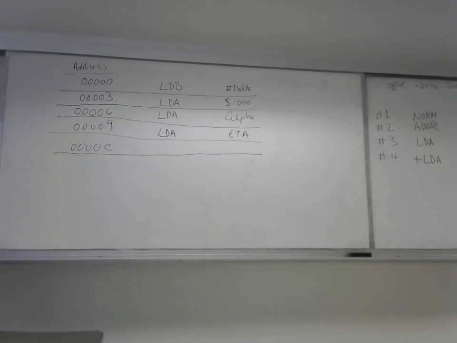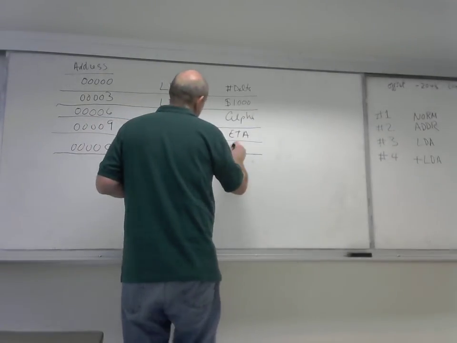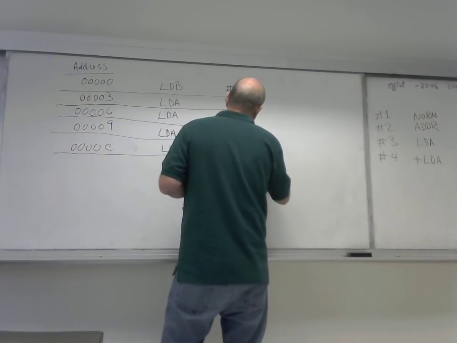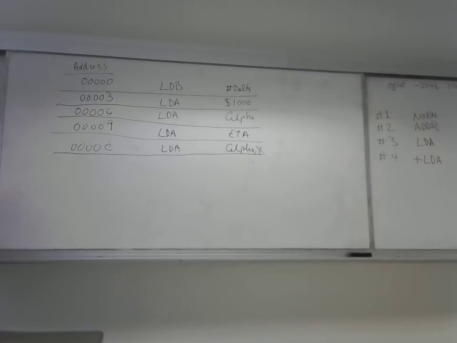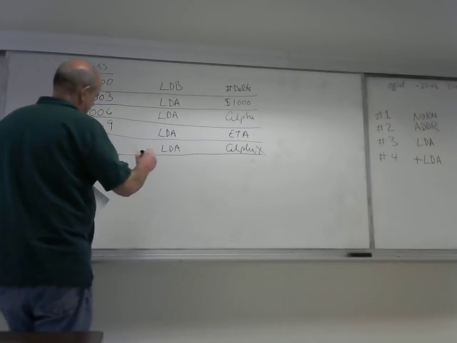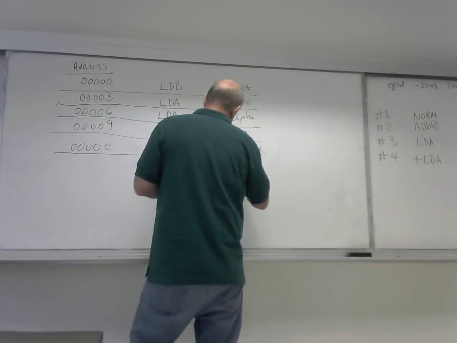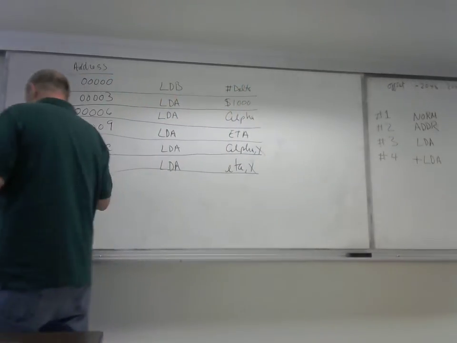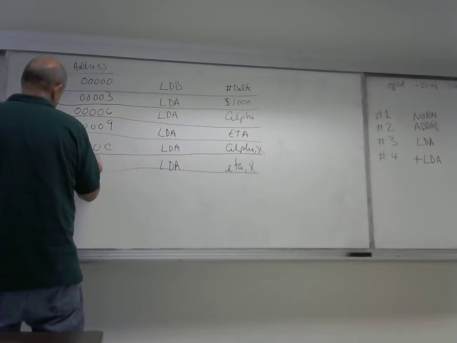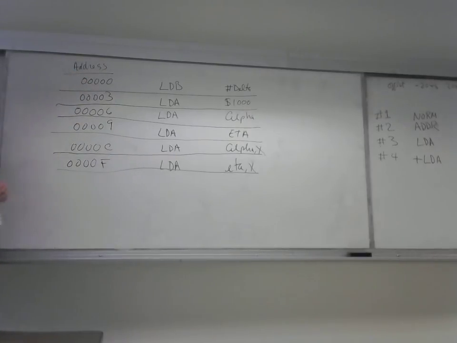And that is LDA alpha comma X. Now we have LDA beta comma X. I'm trying to get you to see different addressing modes here. You'll see the difference when you get down to it. What's the address of this one?